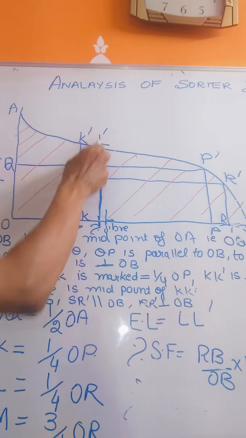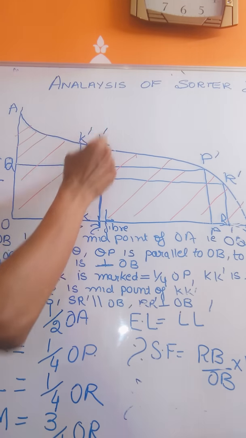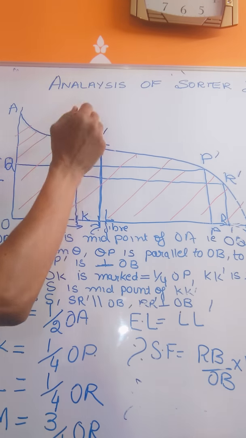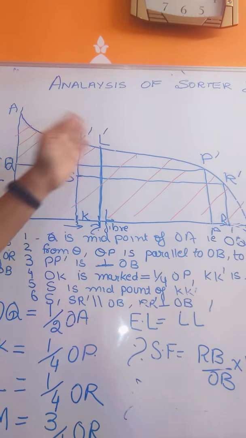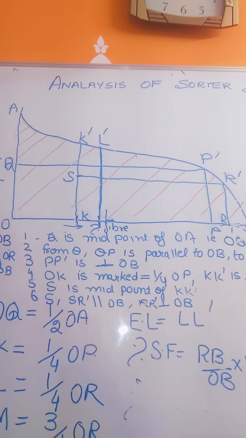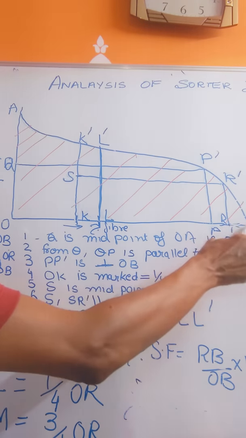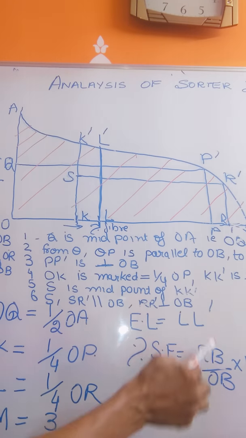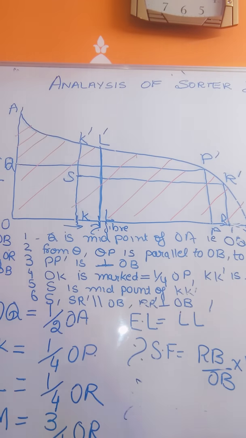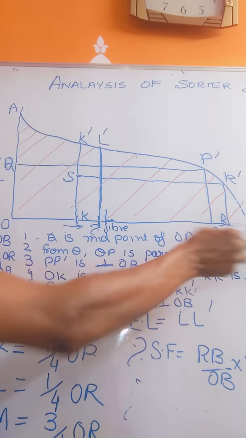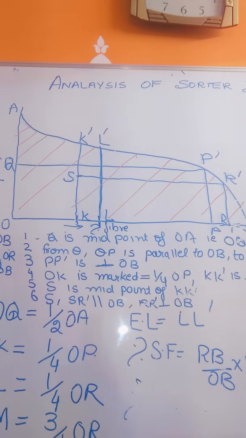From here another perpendicular line is drawn which cuts the curve at L dash. Now sir, effective length is LL dash. The percentage of short fiber is RB upon OB into 100. And mean length is area under OAB divided by OB.